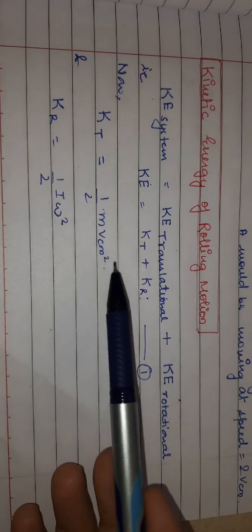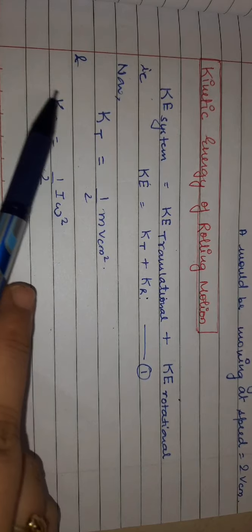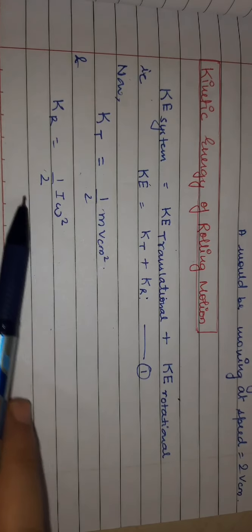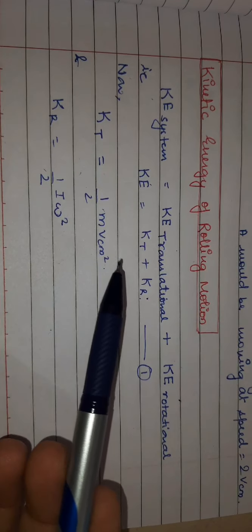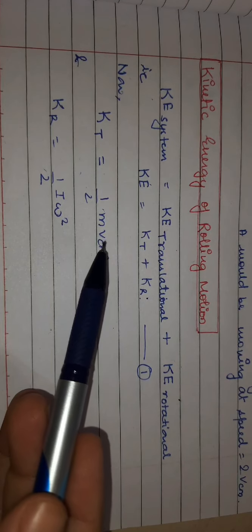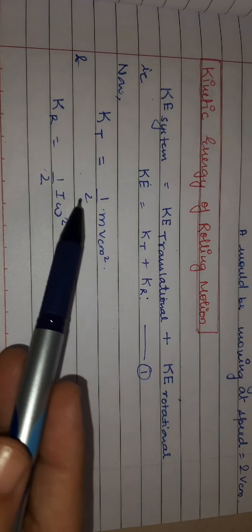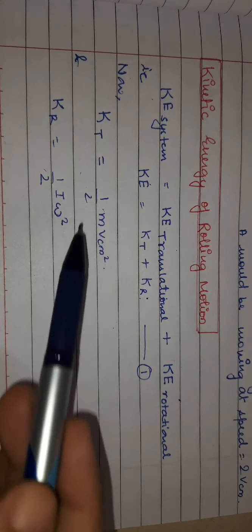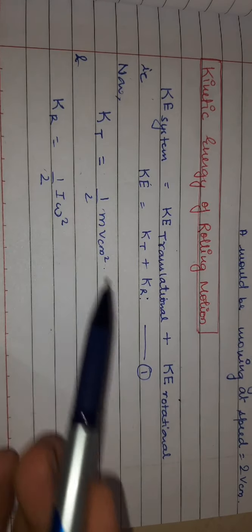And why have I written half I omega square for kinetic energy in rotational motion? Because when we talk about rotational motion, omega plays the role of v, and moment of inertia plays the role of mass. So in place of half mv square I can put half I omega square.